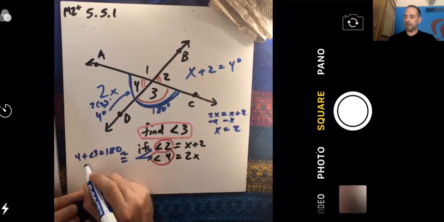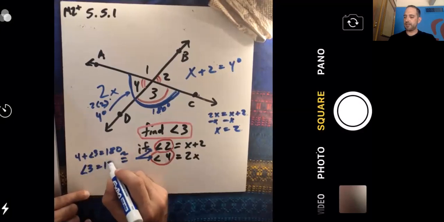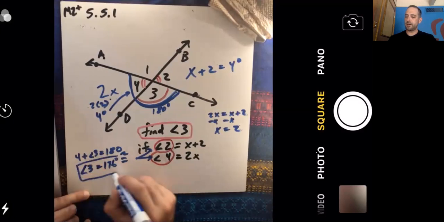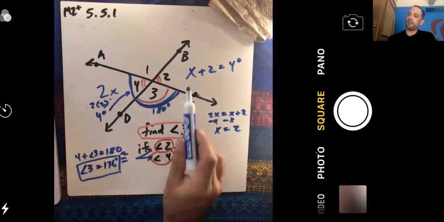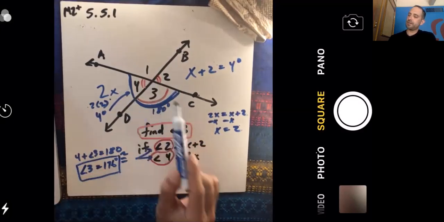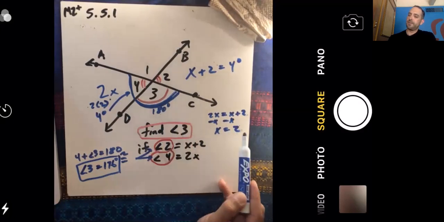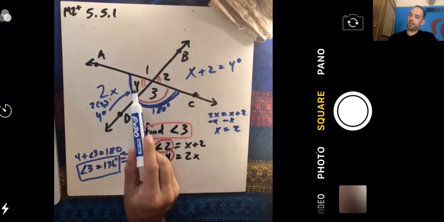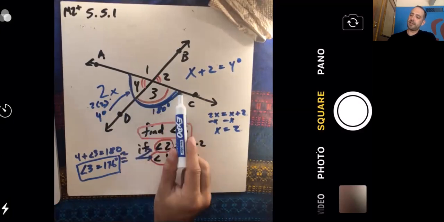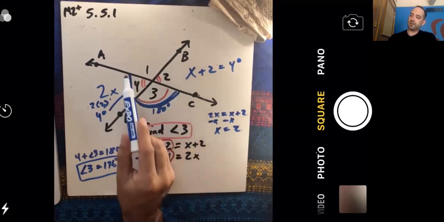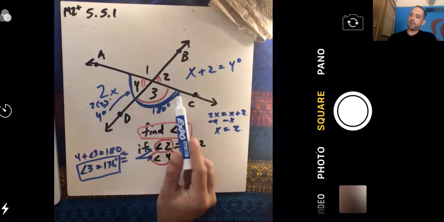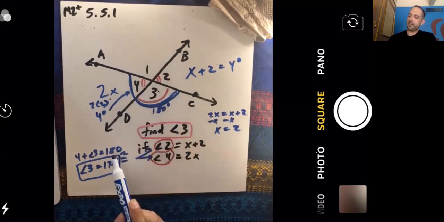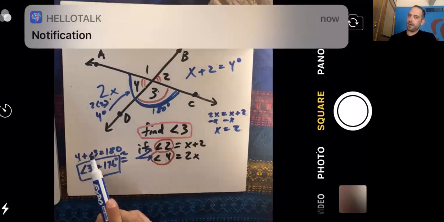Subtract 4, angle 3 is equal to 176 degrees. Because these are vertical angles, I know they're congruent, so I made them equal to each other to solve for x. Then I plug it back in to find the actual angle measure, noticing that it is a linear angle, supplementary, a flat line here. So when you add these together, they have to get to 180. 4 degrees plus angle 3, what we need to find here, is equal to 180. We subtract 4, we get 176.